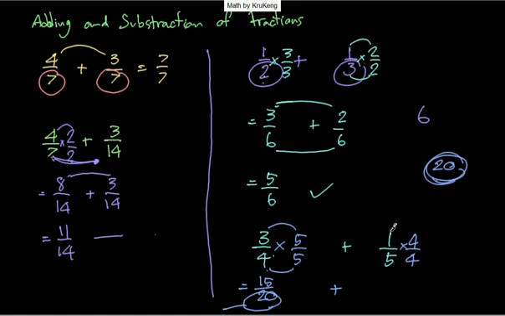That means we have 1 times 4 is 4, 5 times 4 is 20. Now we have the same denominator, or common denominator, and then we just add. 15 plus 4 is 19 over 20, just like that.